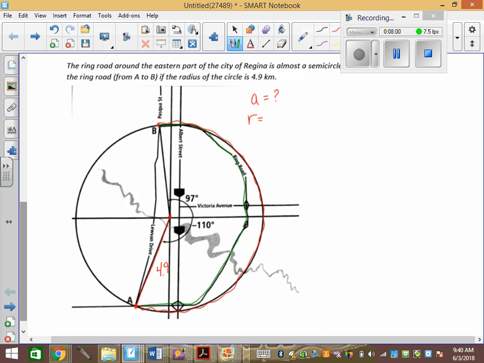We know the radius is 4.9. We know that the angle from here to here is 110 plus 97, which is 207. So theta equals 110 degrees plus 97 degrees, which is 207, which is a lovely answer.